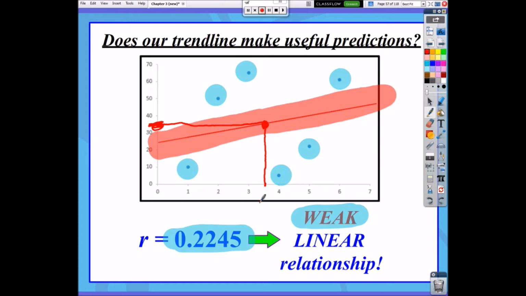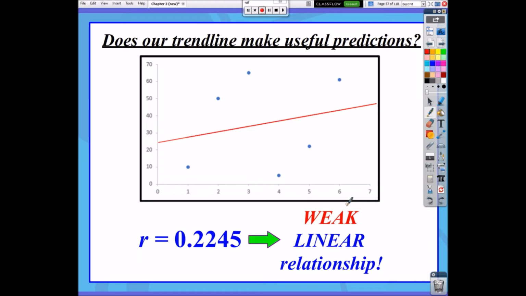The point for 3.5, if there actually was a data point, maybe it is really, really close. So I'm not saying that this particular trend line is going to make bad predictions, but it's going to make potentially wildly unpredictable predictions. You might make predictions that really do end up being close to the actual value, but you might end up making predictions that are really far away from the actual value.